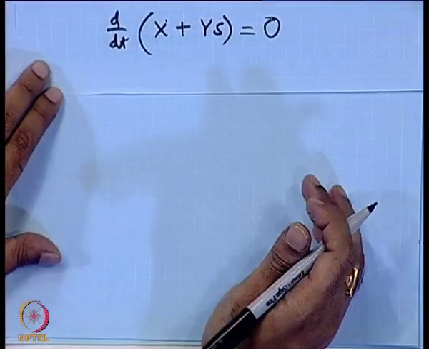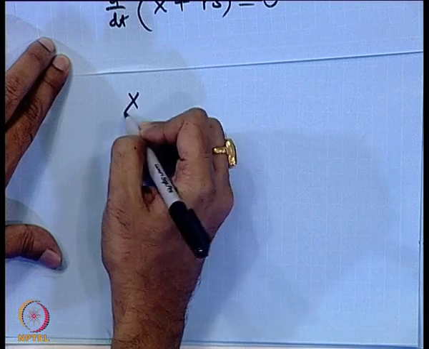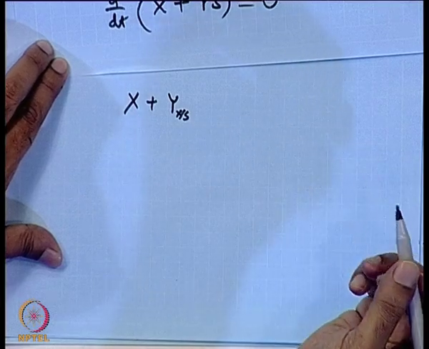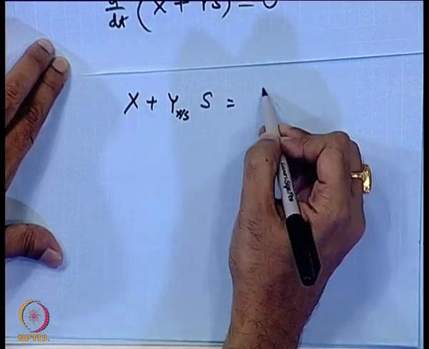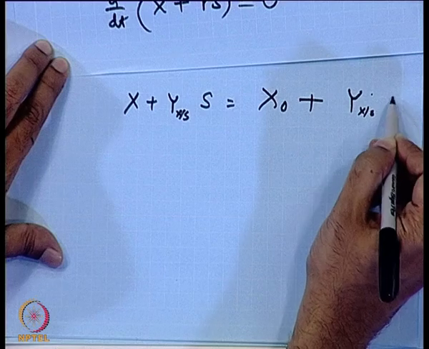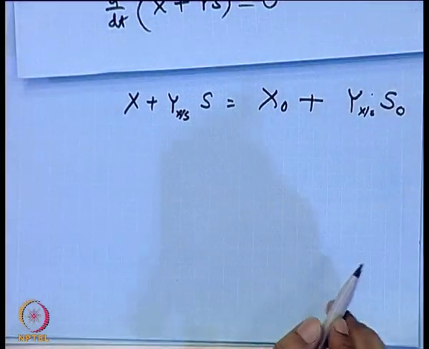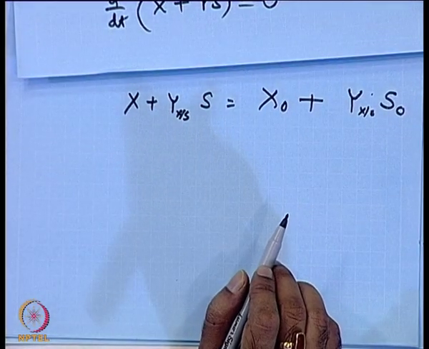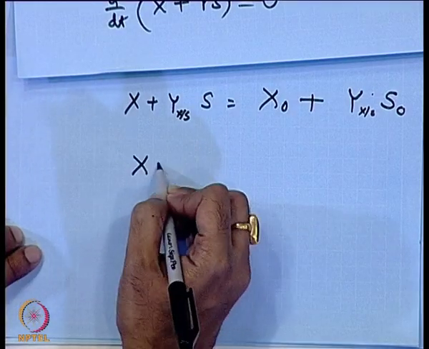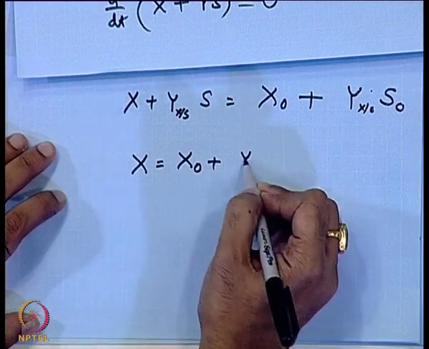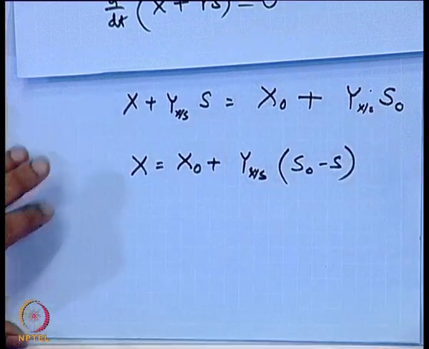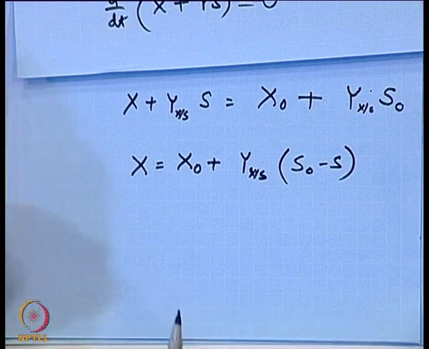Then what? So x plus Y x over s times s equals x naught plus Y x over s times s naught. So x could be expressed as x naught plus Y x over s times (s naught minus s).